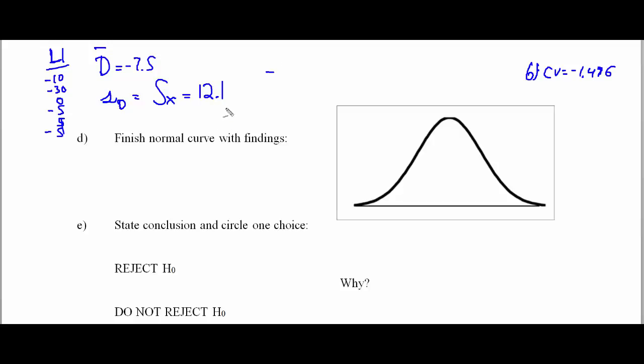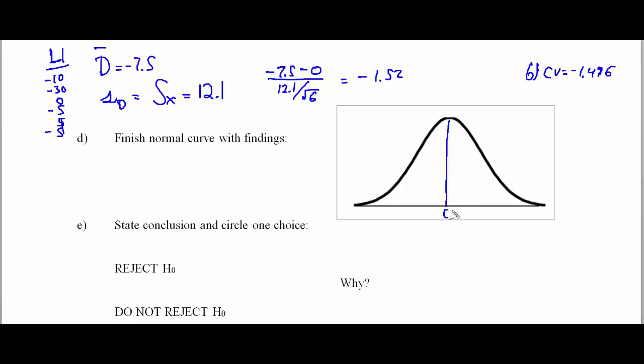And it's always going to be minus 0 after that. So d bar is -7.5 minus 0 according to the formula on our formula chart, divided by the standard deviation of 12.1 divided by the square root of the sample size 6. If we do this carefully, we get an answer of -1.52.